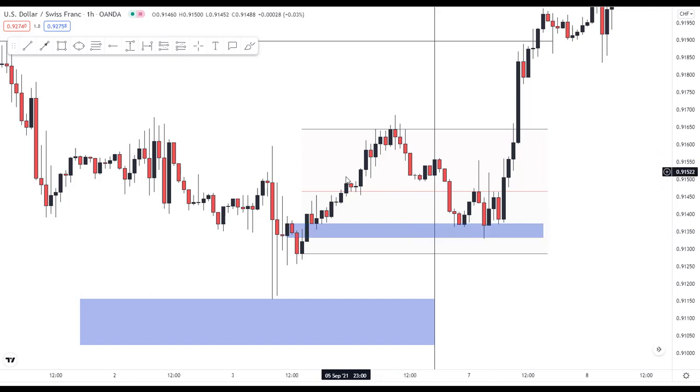Any reference point that occurs above the 50% EQ, or just at the premium price for long positions, we do not consider those entries. We do not consider those reference points. If we're going to go long, any reference point that is above the 50 EQ or that is in premium price should not be considered.